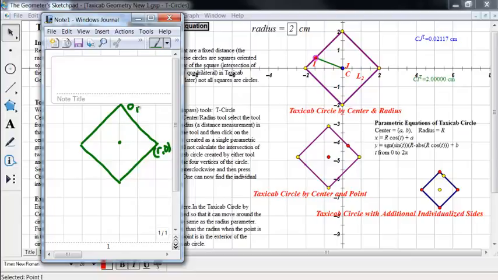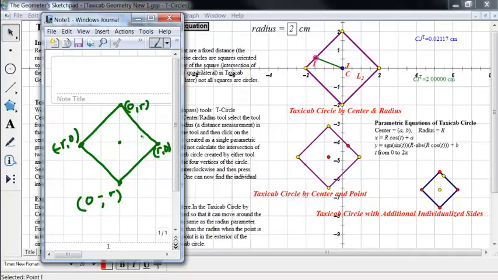This is (0, r), (negative r, 0), (0, negative r). So those are the vertices of our circle. So a Taxicab circle is a quadrilateral here, made up of 4 line segments.